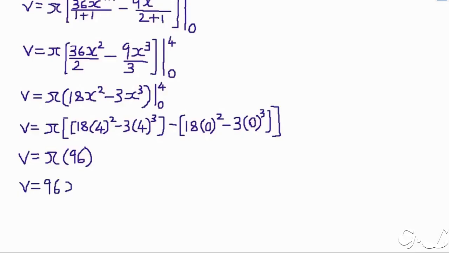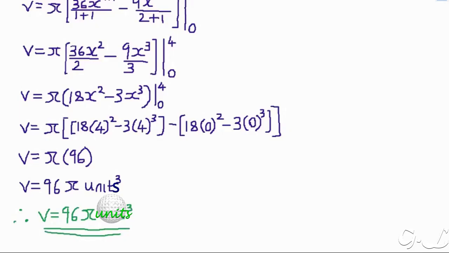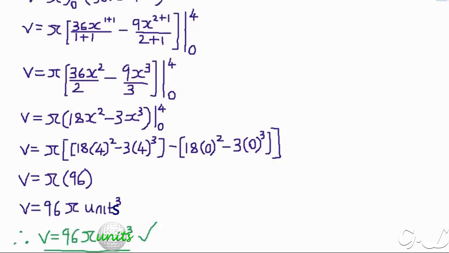Since volume is calculated in cubic units, V is equal to 96 pi units cubed. So it will be 96 pi cubic units. This is how you get the answer to the question. Therefore, the volume is equal to 96 pi cubic units.